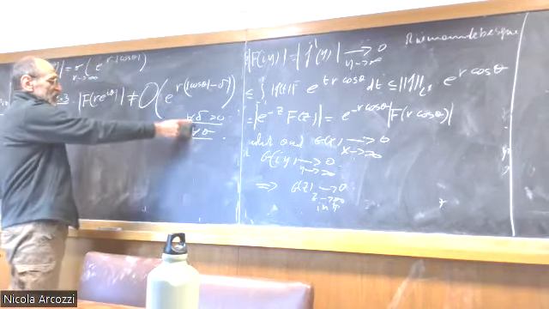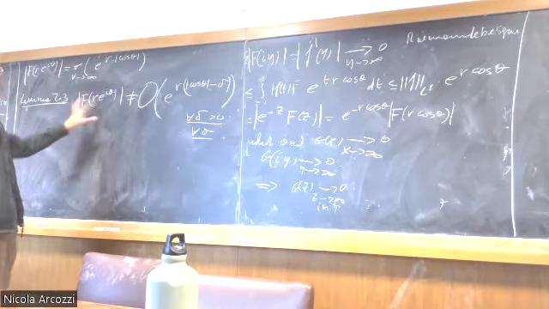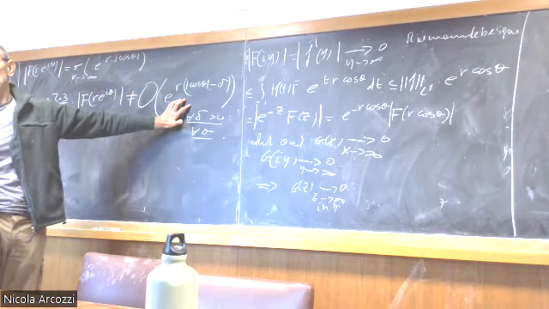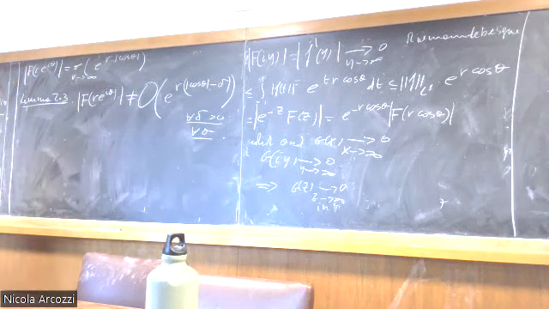So for delta bigger than 0, for theta real, this is not controlled by that. So it means that there's a signal which goes to infinity, and this we get by contradiction.